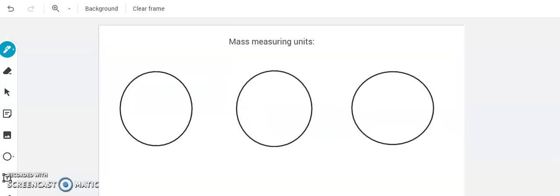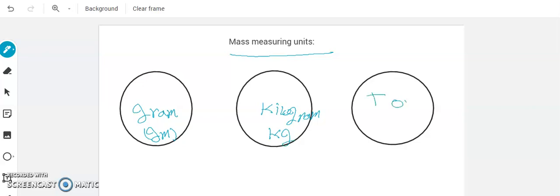Next one here, the mass measuring units. We'll talk about the gram, and its short name is gm. Kilogram, its short name kg. Ton.